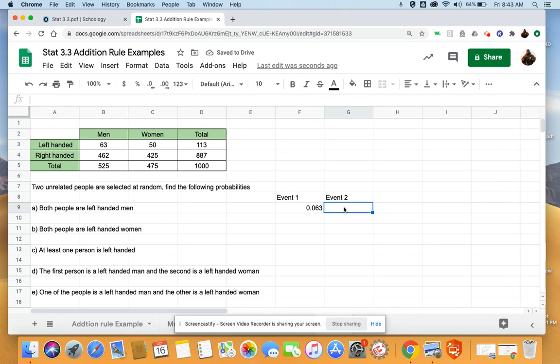Event 2, our second left-handed man. There's no longer 63 of them there. There's now only 62 left-handed men out of 999 people remaining. Our probability of selecting 2 left-handed men is going to be the multiplication of those 2 probabilities.